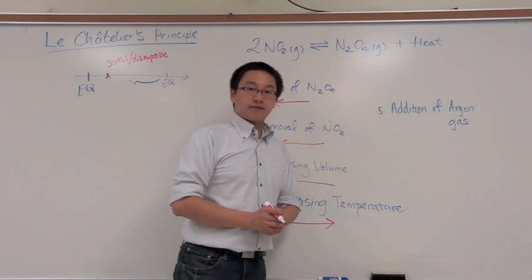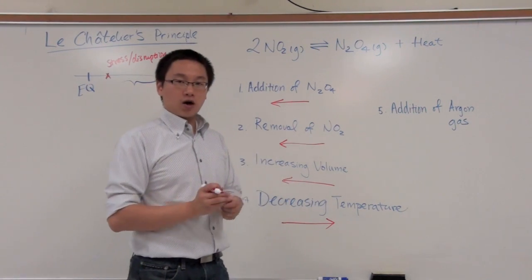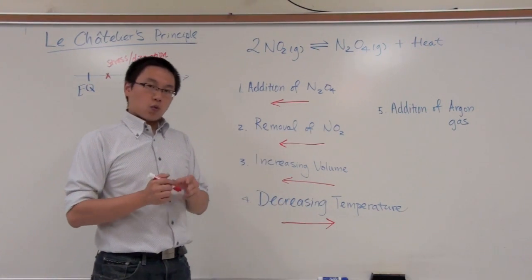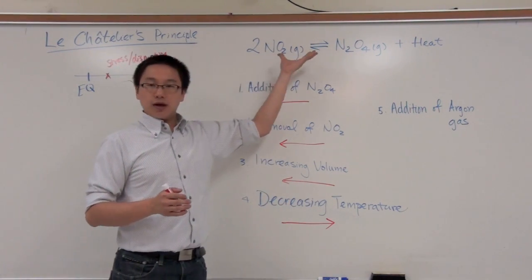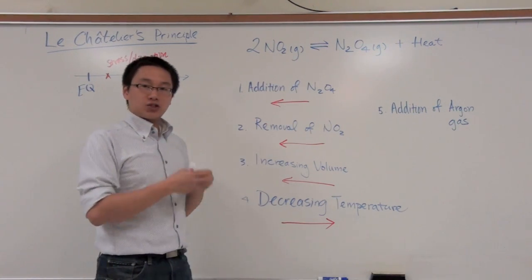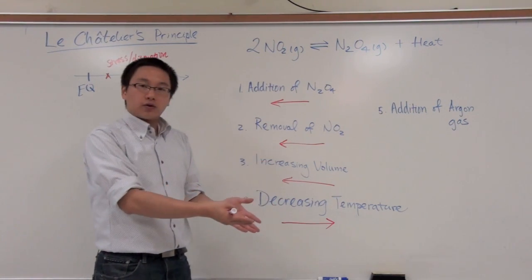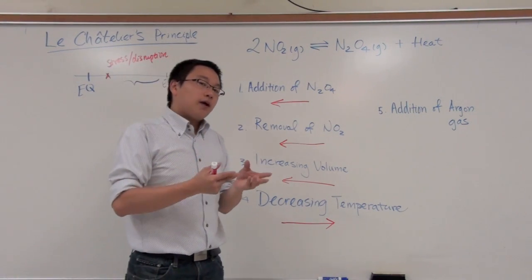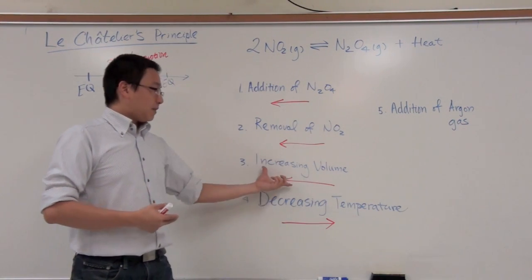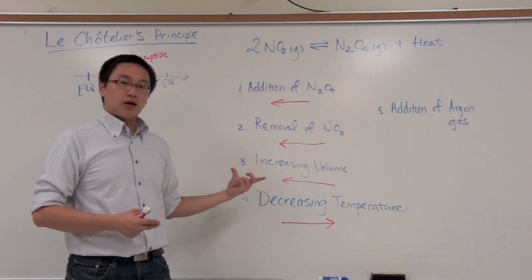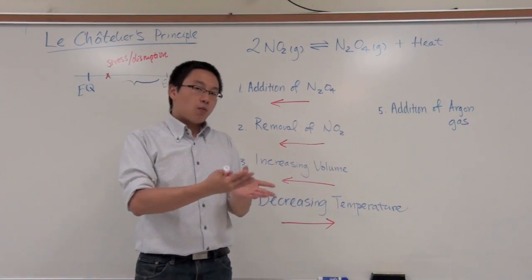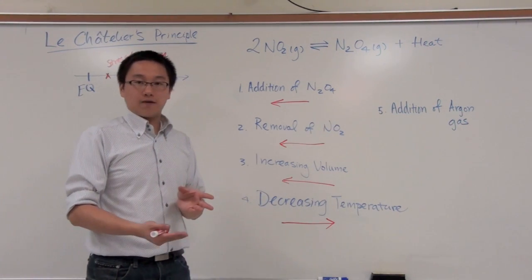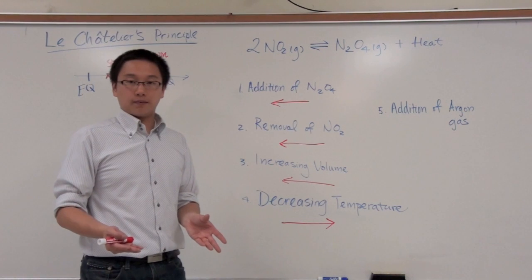Now, number 5, addition of argon gas. These are all gases, and now one extra gas goes into the container. What's going to happen? Well, if you think about what we just mentioned in number 3, the more gas molecules or particles you have, the more pressure it will be.